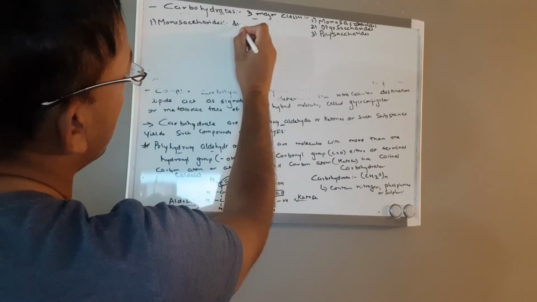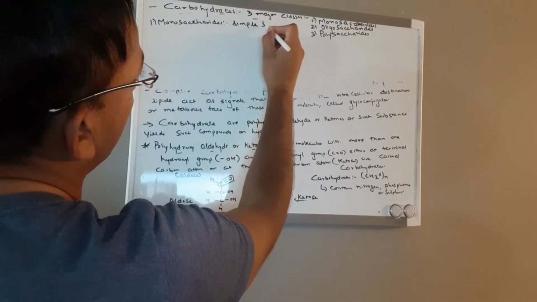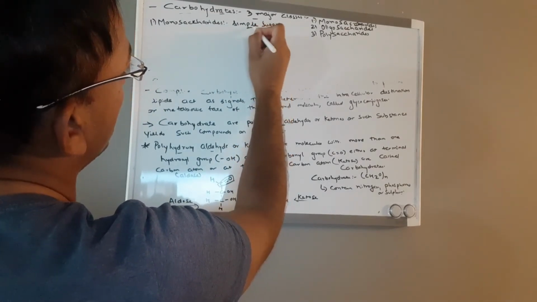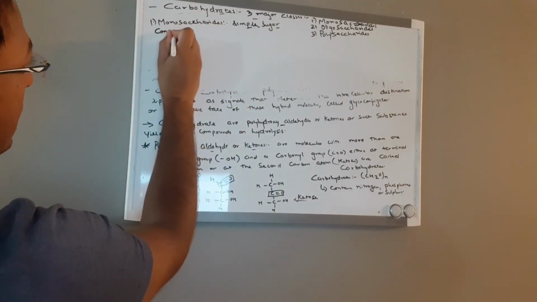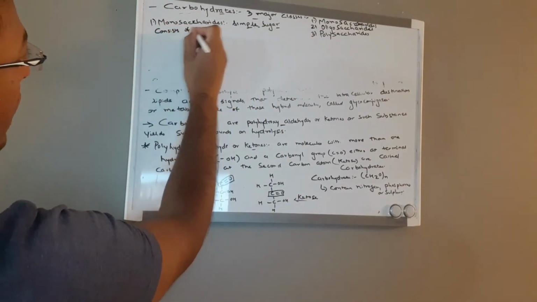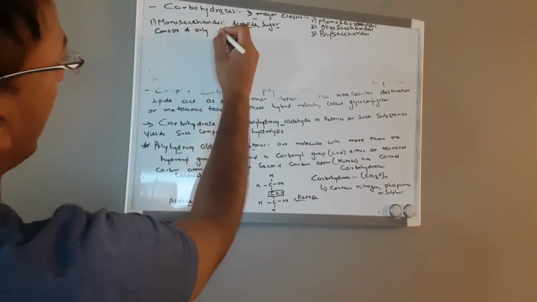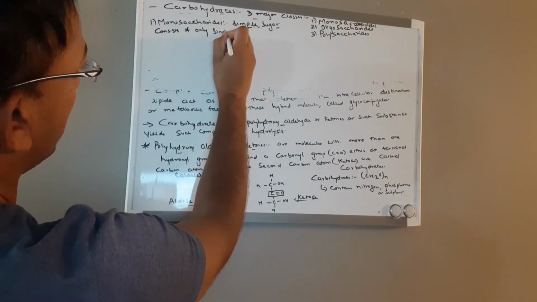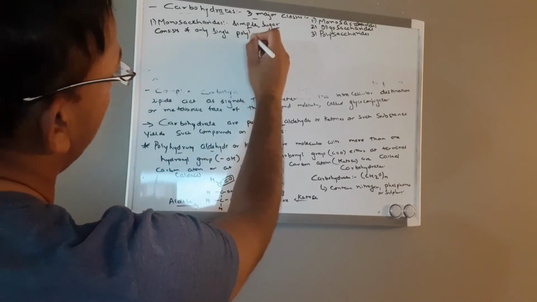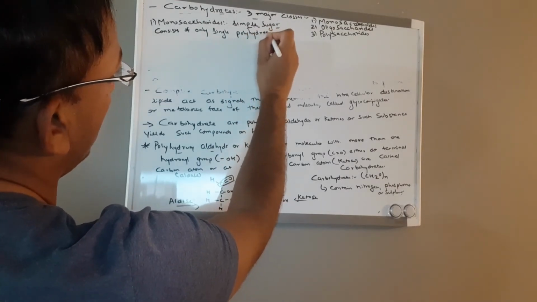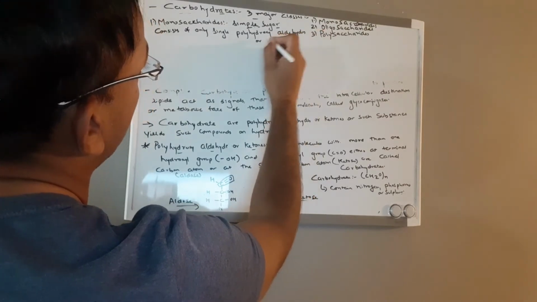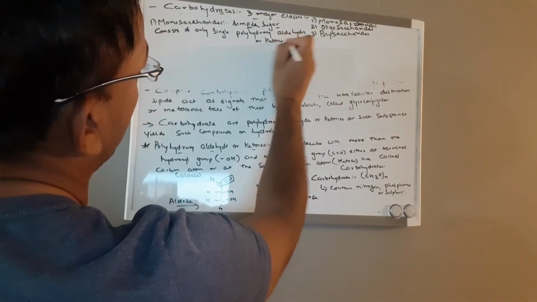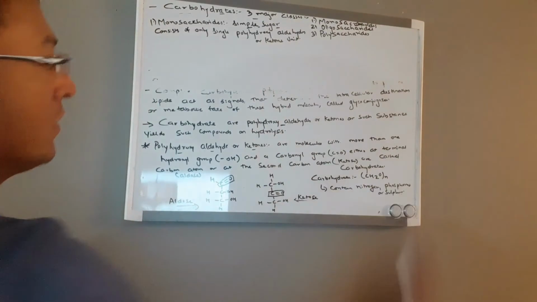Known as simple sugar. So this simple sugar consists of only a single polyhydroxyaldehyde or ketone unit, right?